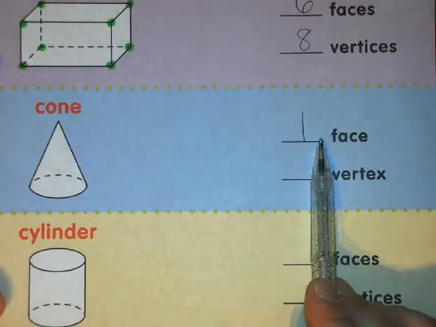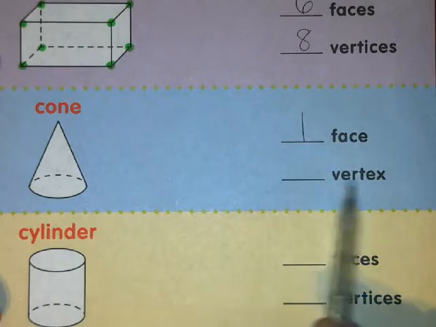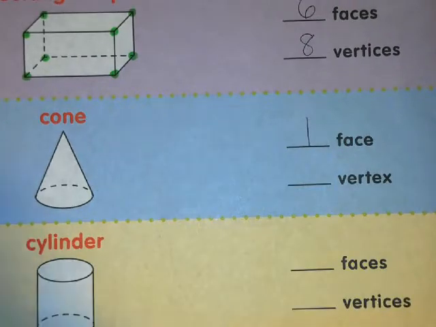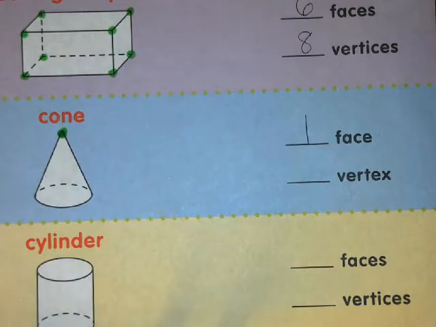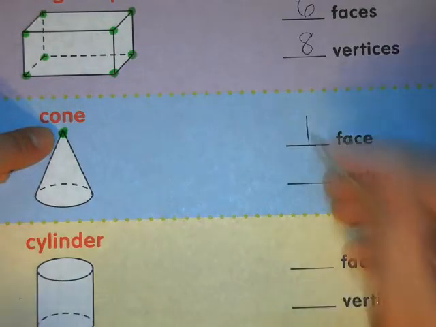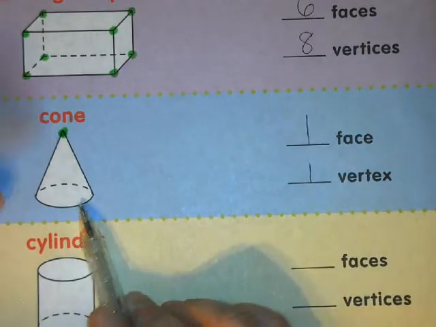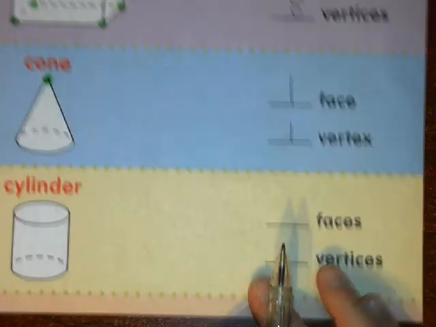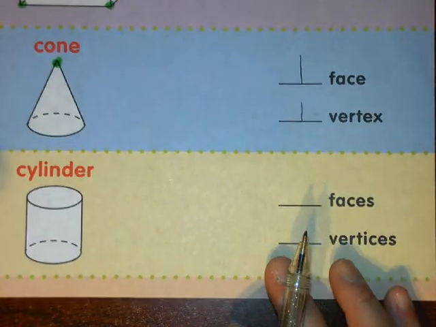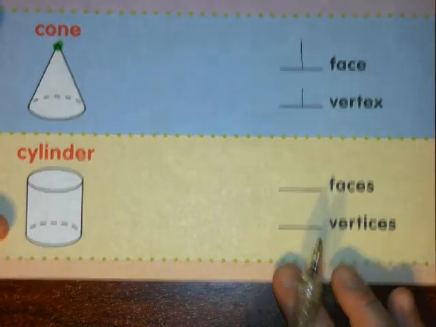So it has one flat face, one circle. Okay, the vertex, where it narrows to a point, right there at the top. How many does it have? Only one. So a cone has one circular face and one vertex. Okay, let's go to cylinder.